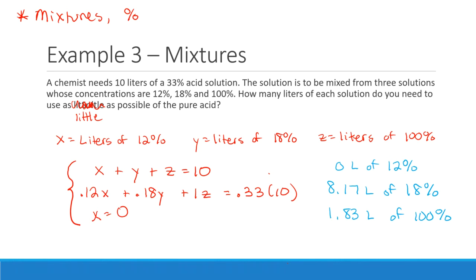So when the question says how many liters of each solution, you need to make sure you're using 0 liters of the 12%, 8.17 of the 18%, and 1.83 of the 100%. You need to make sure that you're specifying how many liters of each, not just liters of 2 of them, but all 3 of them.